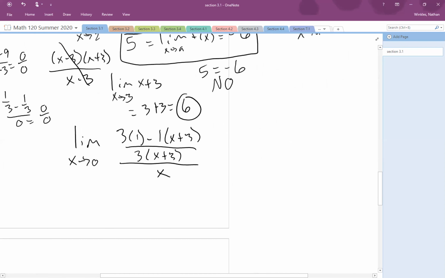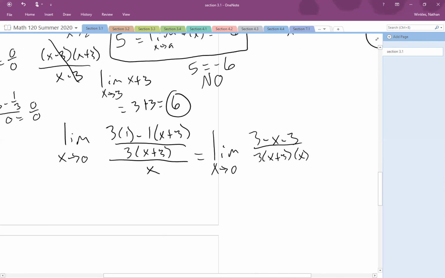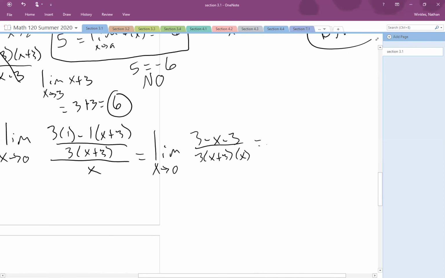And remember, anytime that we have a division over division, we can take that x and put it in the main denominator. So this is the limit as x goes to 0 of 3 minus x minus 3 over 3 times x plus 3 times x. So when we do that, we get minus x over 3 times x plus 3 times x.